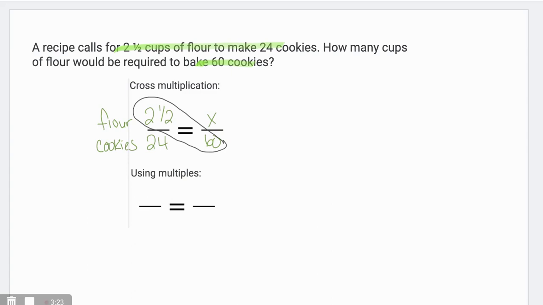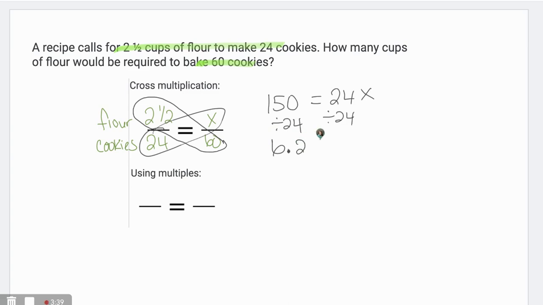And 2.5 times 60 is going to give us 150 equals, and 24 times x would be 24x. And then I'm going to divide by 24, and 150 divided by 24 is going to give us 6.25 equals x. So we would need 6.25 cups of flour to make 60 cookies.